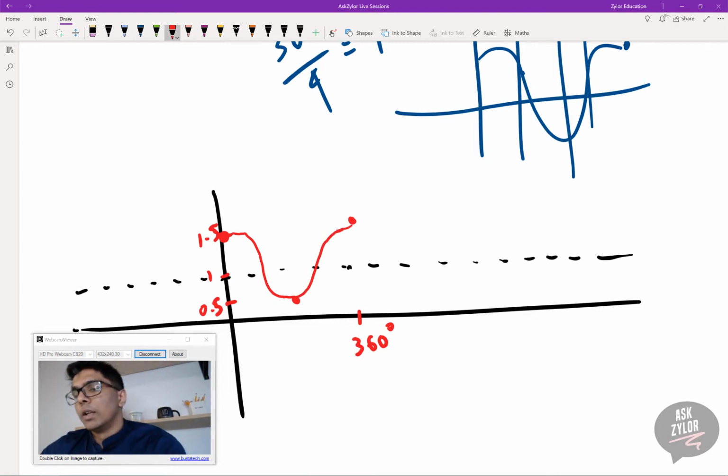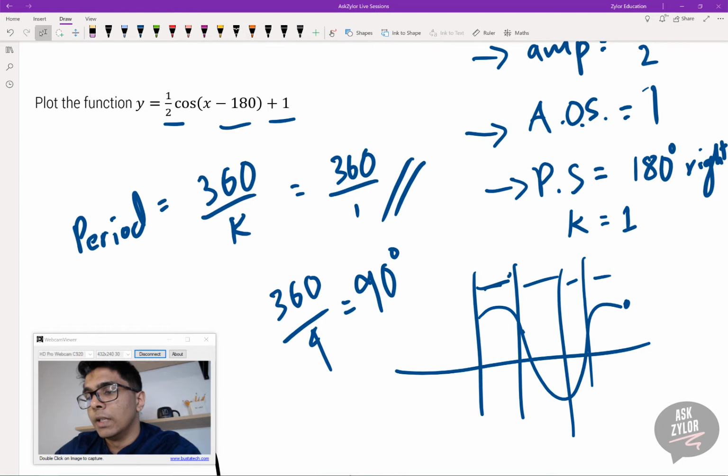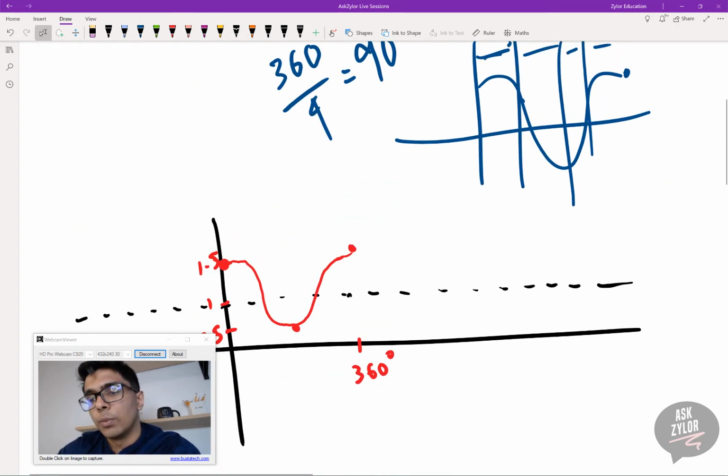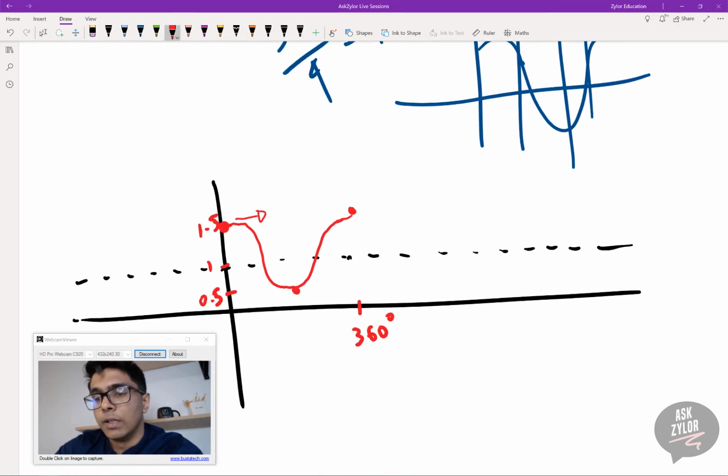But we still didn't account for the phase change. We have a phase change of 180 degrees to the right, meaning each one of these points will be translated 180 degrees to the right. So the exact middle is going to be 180 degrees. My maximum point will be translated to 180.